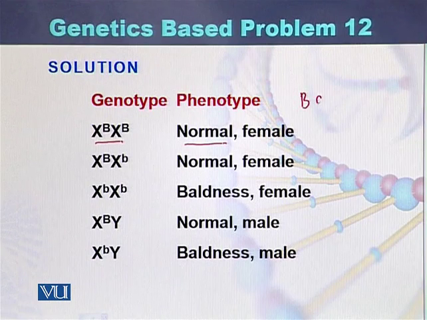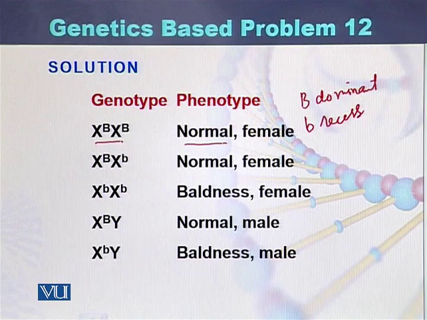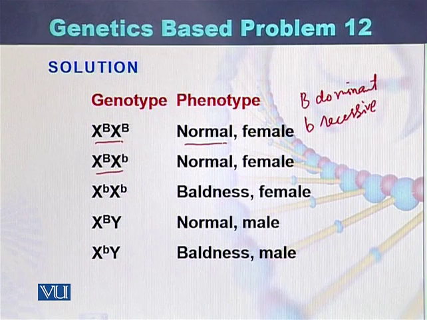Capital B is for the dominant allele, while small b is for the recessive allele. So a female can have both dominant alleles.